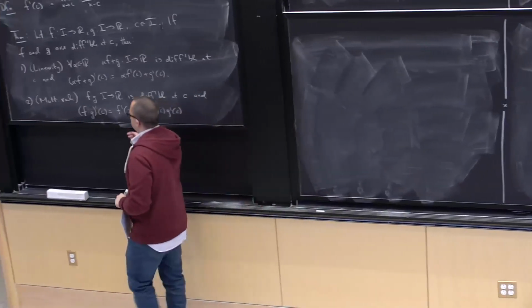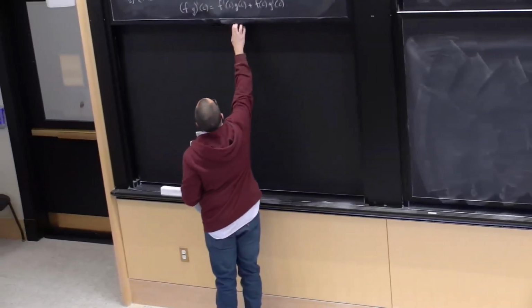So that's a multiplication rule, and then we also have the quotient rule.